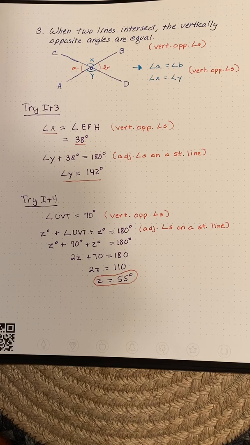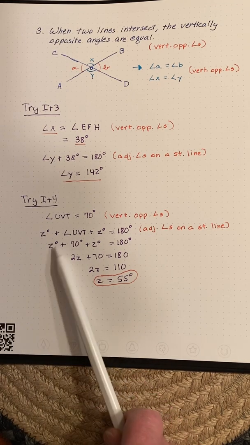In the diagram, PS, QT, and RU are straight lines intersecting at V. Find the value of Z. Okay, all I have to go on is that 70 degrees. But it is vertically opposite of an angle where both of the Z's are sitting.